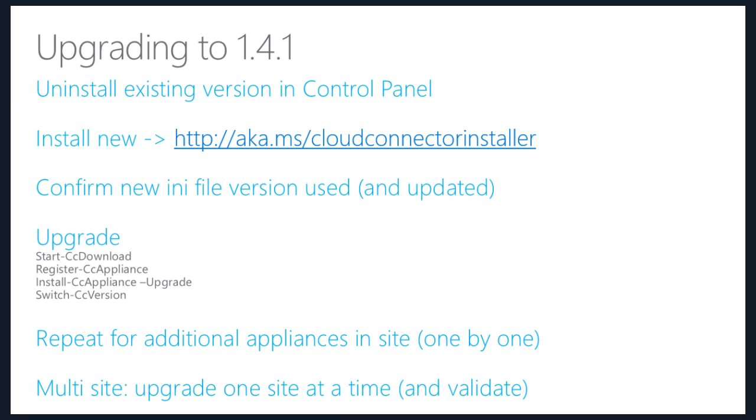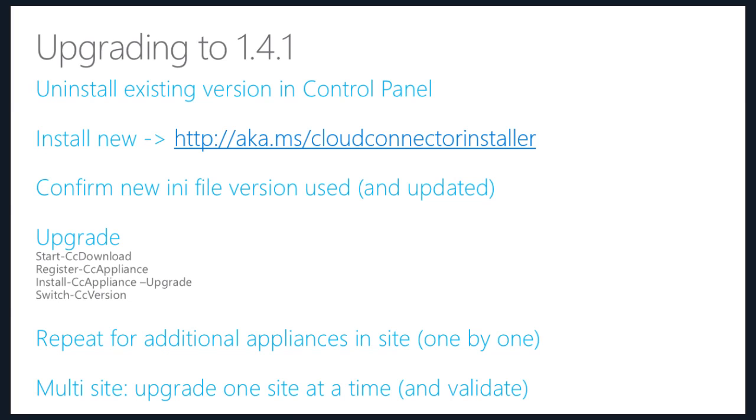If that thing is wrong or anything is mistakenly typed in there, that's going to be a bad day, right? So we want to take extra care and make especially certain that we have, number one, the correct version of the INI file, which would be from the 141 installation, and that it has been updated to reflect the correct information specific to your environment.